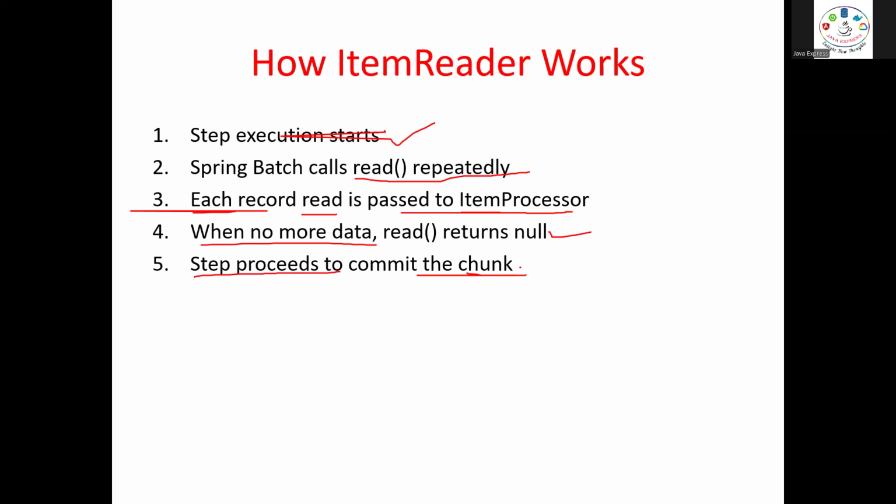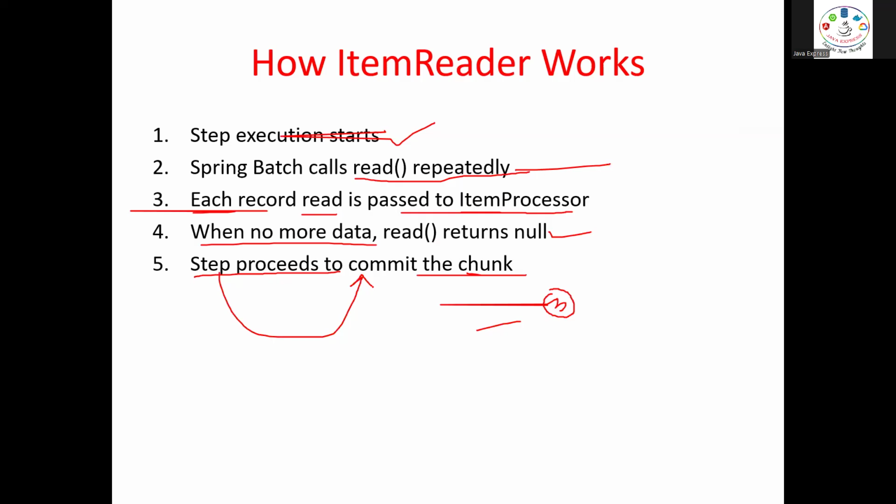As part of the step, in the last session we discussed, right, we gave the chunk size as 3, 4 or 5. The data will be read 3 times. Once 3 times is completed, the step will do the commit operation. When 3 reads are successful, then processing and writing are also done.